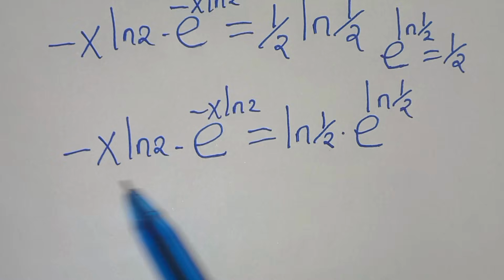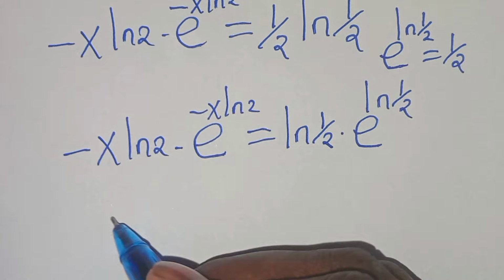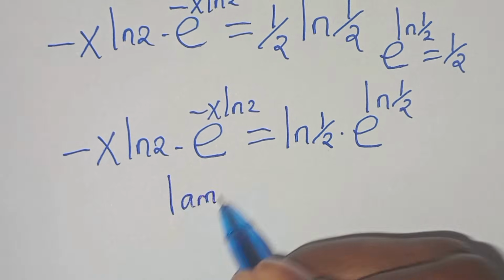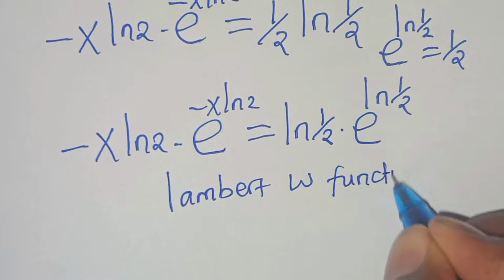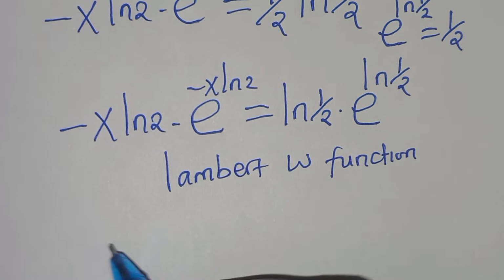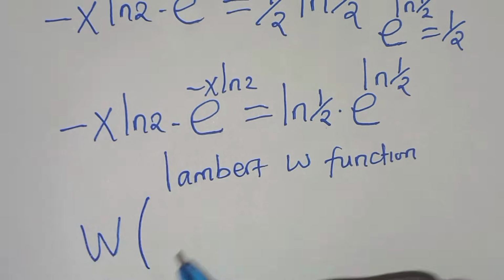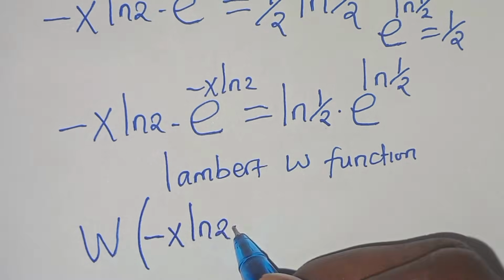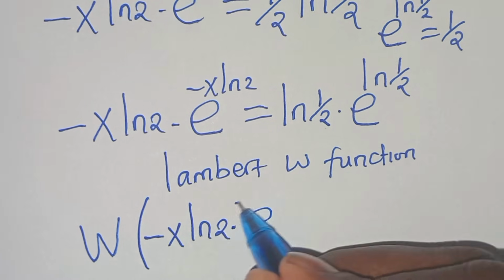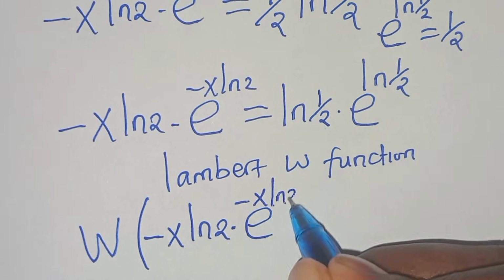Now, the next step is to apply the Lambert W function. That is, we apply the Lambert W function on both sides, such that we have the W function of minus x ln of 2 multiplied by e to the power of minus x ln of 2.